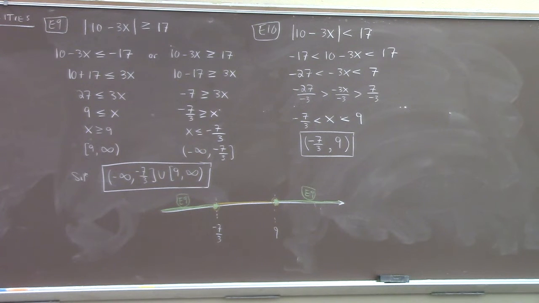And number two, if you've got something like the absolute value of A greater than epsilon, that's interchangeable with A being less than minus epsilon or A being greater than epsilon. So that's a summary of what we've done in the last 5 or 6 examples.